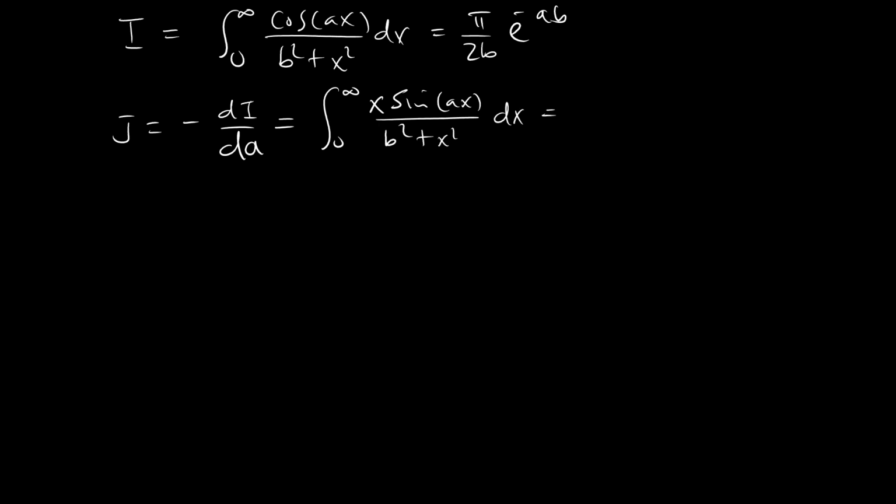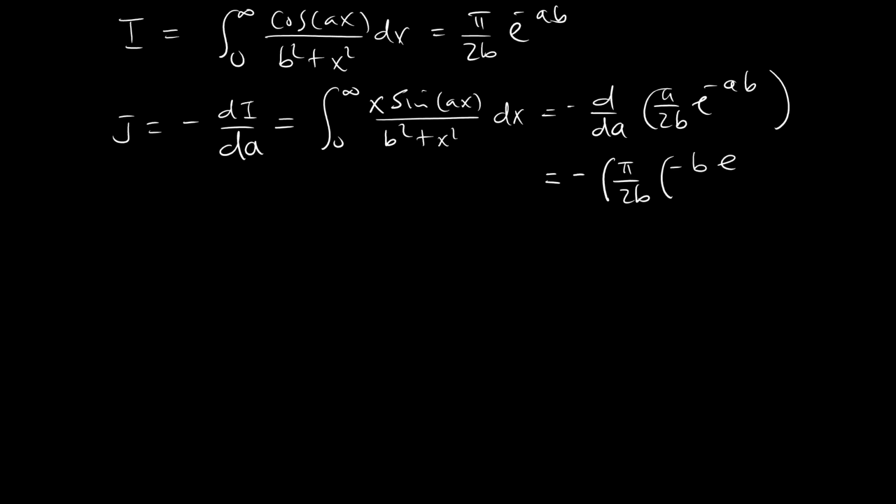This is equal to negative of pi over 2b times negative b e to the negative ab, and then this and this interact, so this is pi over 2 e to the negative ab. So that is J.